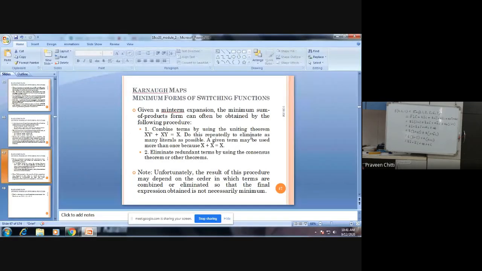And again, as I said about the normal method of simplification, there is no standard answer as such. It depends on to what level you have simplified. Unfortunately, in K-map also, sometimes you may have more than one option of grouping, and based on how you have done the grouping of ones present in the K-map, sometimes we may end up with a different answer also.